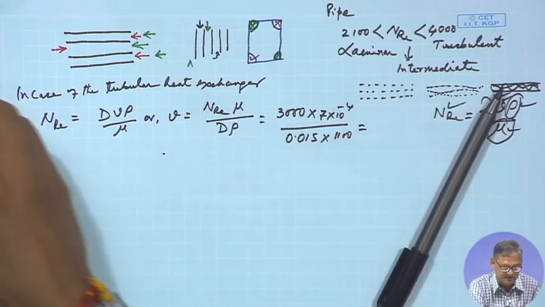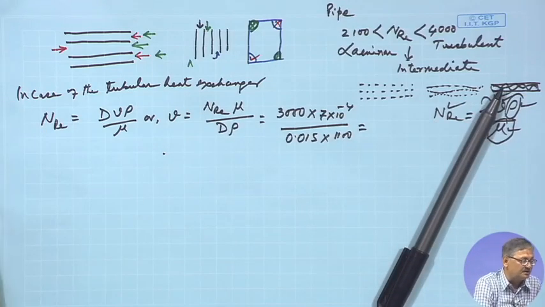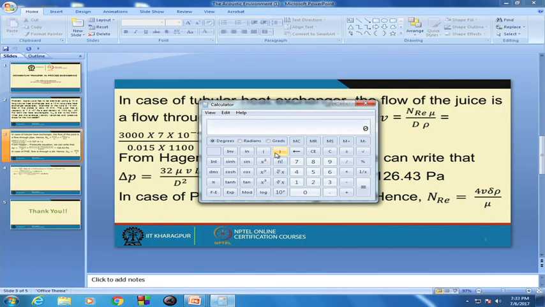So, from that, if we do the calculation, then we can see that 3000 into 7 into 10 to the power minus 4, so much divided by 0.015, is equal to this divided by 1100, is equal to 0.127.